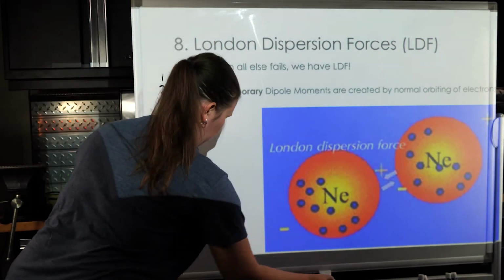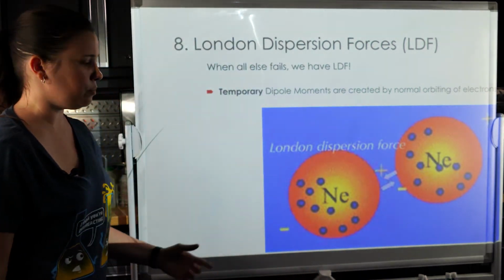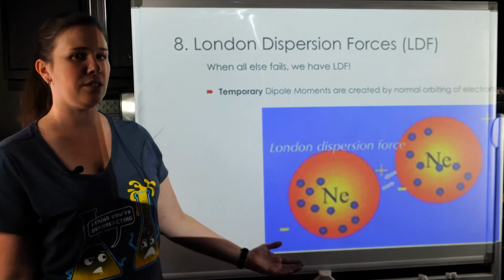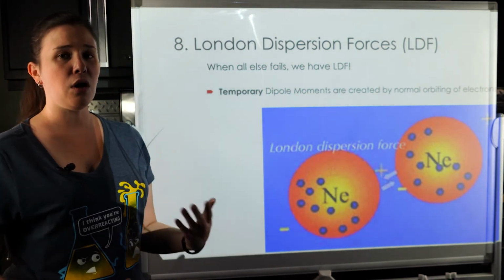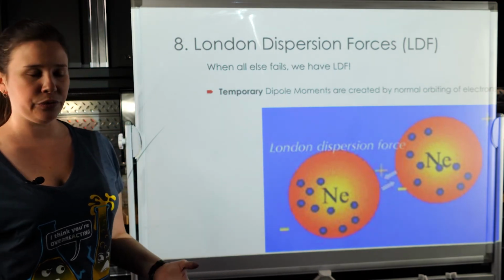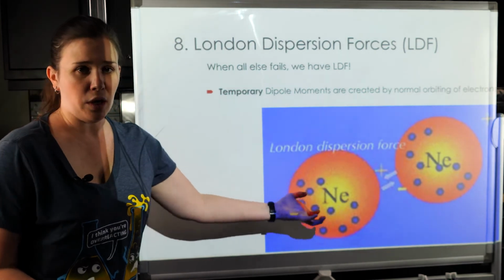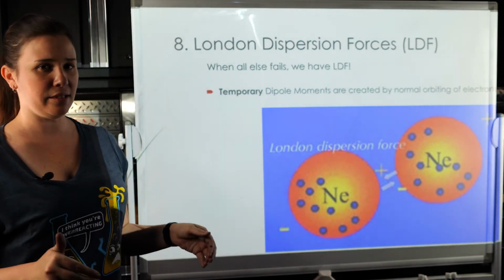It is super temporary. What creates a London dispersion force is simply the electrons rotating. So even something like a noble gas, which doesn't even have a bond, is able to experience London dispersion forces because all atoms have electrons that move. As the electrons move, they will naturally clutter in one area of the atom at one small temporary instant.